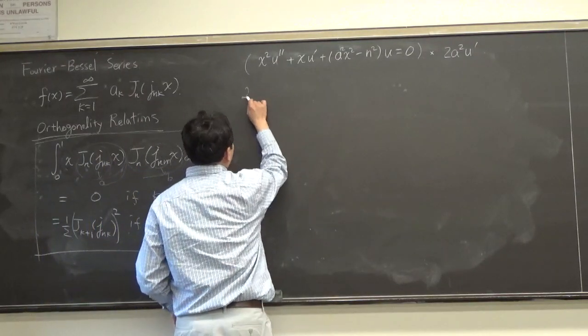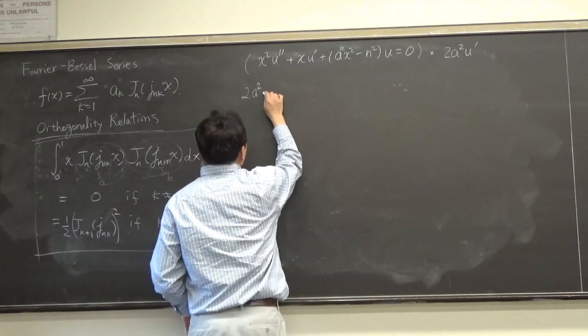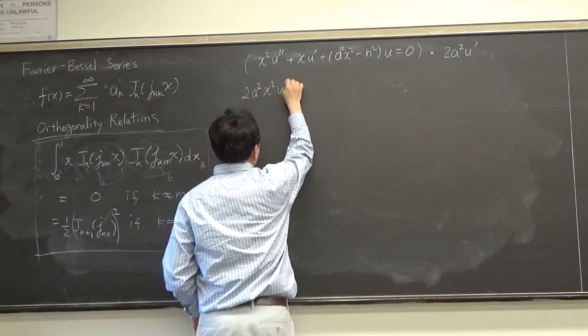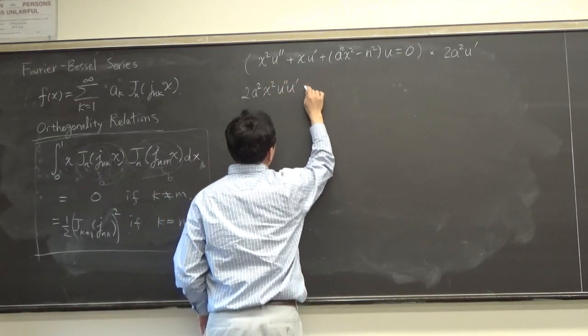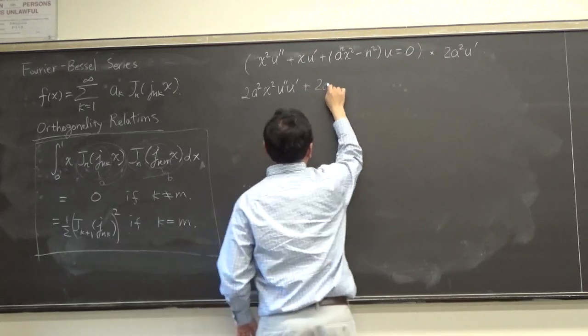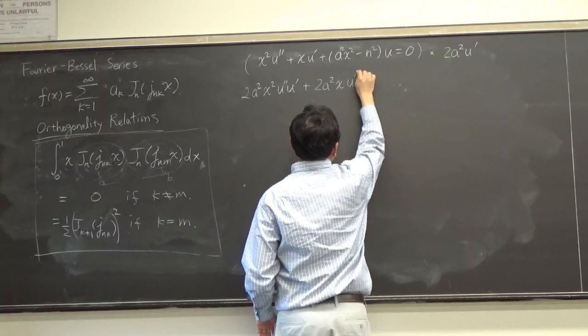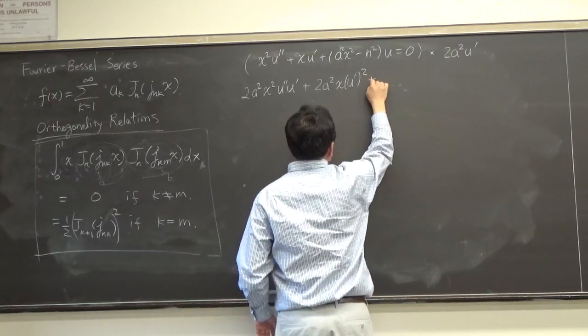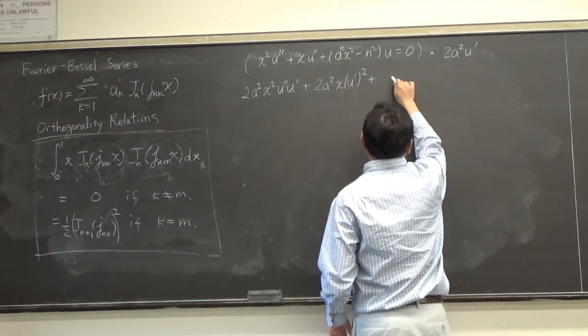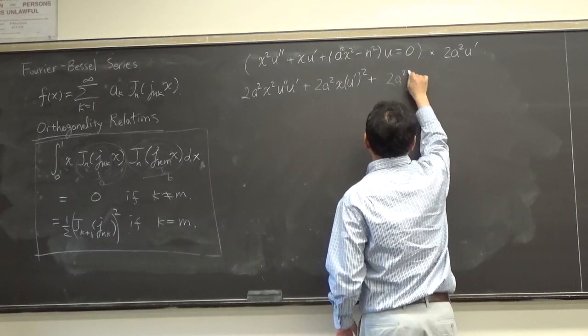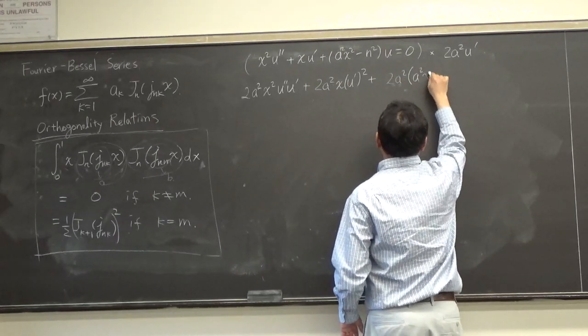So here's 2a squared x squared u double prime u prime plus 2a squared x u prime squared plus 2a squared x squared.